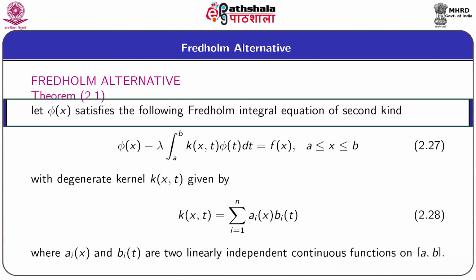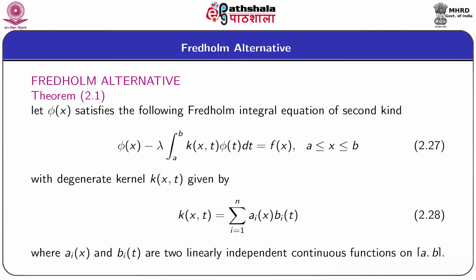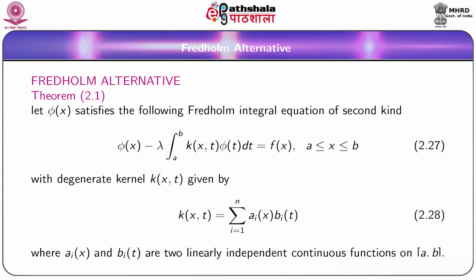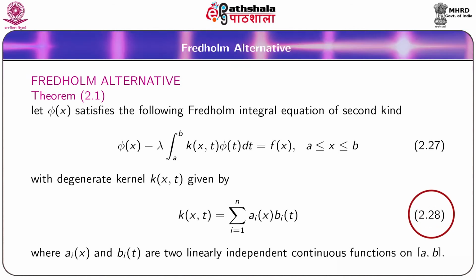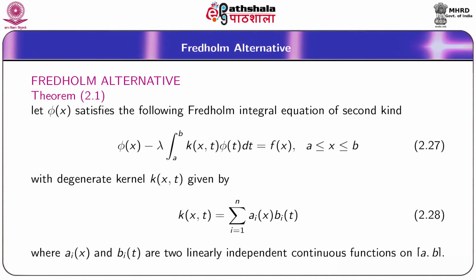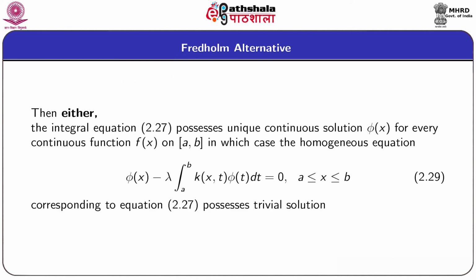Let phi x satisfy the following Fredholm integral equation of second kind as given by equation 2.27 with degenerate kernel k x t given by equation 2.28, where a i x and b i t are two linearly independent continuous functions on the closed interval a b.